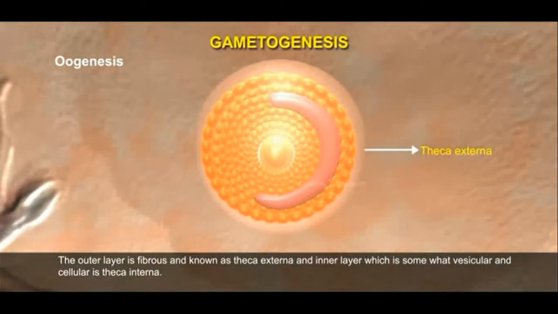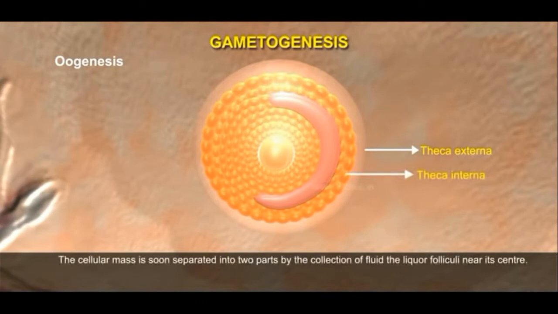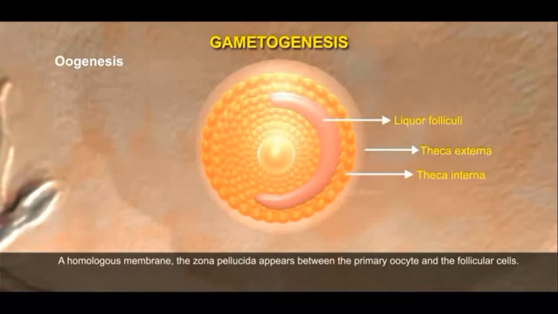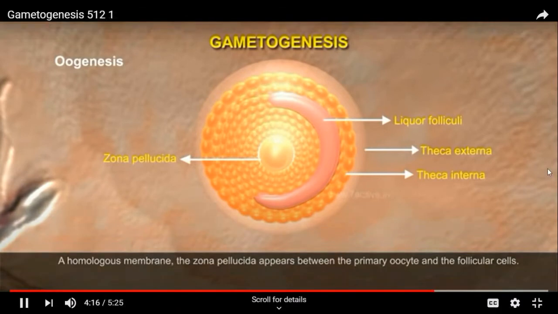An inner layer, which is somewhat vascular and cellular, is theca interna. The cellular mass is soon separated into two parts by the collection of fluid, the liquor folliculi, near its center. A homogeneous membrane, the zona pellucida, appears between the primary oocyte and the follicular cells.